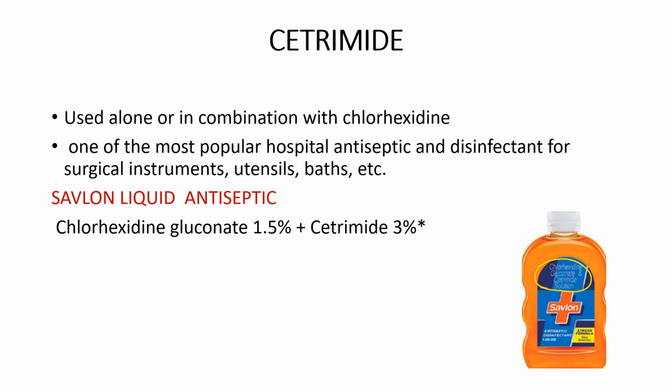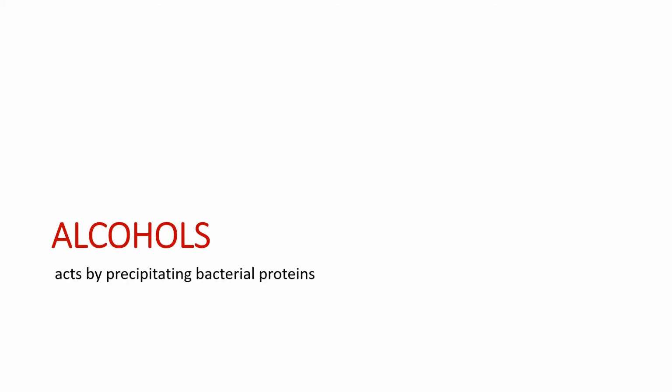It is used both as an antiseptic and disinfectant for surgical instruments, utensils, baths, etc. The famous antiseptic Savlon contains chlorhexidine 1.5 percent and cetrimide 3 percent. This is again an important MCQ for PG entrance. So Savlon contains chlorhexidine 1.5% and cetrimide 3%.